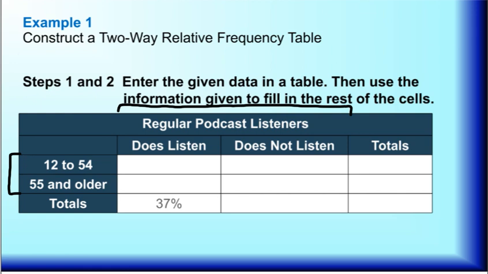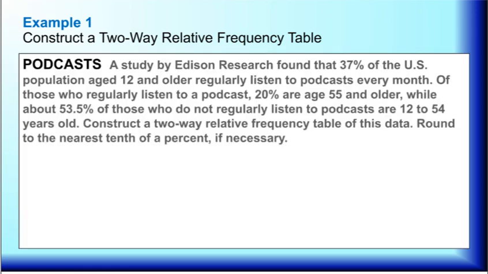Now, if we go back to the problem, we already had the 37% in there. So 37% of the U.S. population aged 12 and older regularly listen. So that's 37% of the people 12 and older. Of those who regularly listen to podcasts, so we have to look at the column that has listening to podcasts, 20% are age 55 and older.